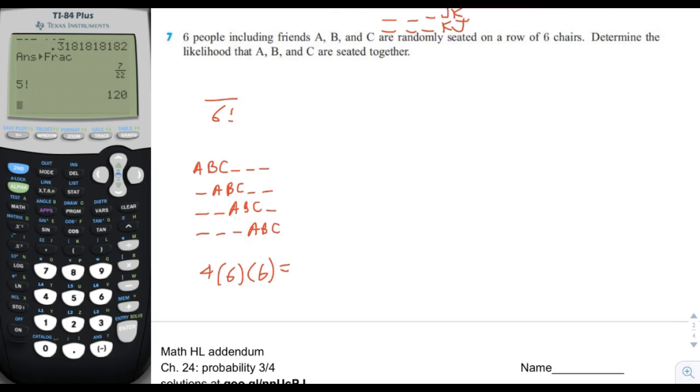So basically we got 4 times 36, which is 144, divided by 6 factorial. So that would be 144 divided by 6 factorial.